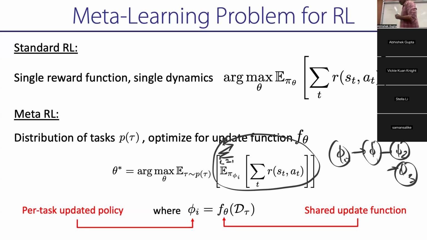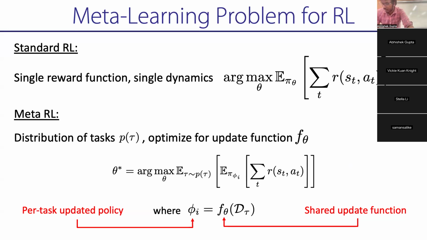So every item is different. Yeah, the way this is going to work is that imagine this was task 1. You're going to start from some phi naught, and for this task you're going to use your f theta with task-specific information like your reward to update this to phi 1, phi 2, phi 3, with a superscript of 1.